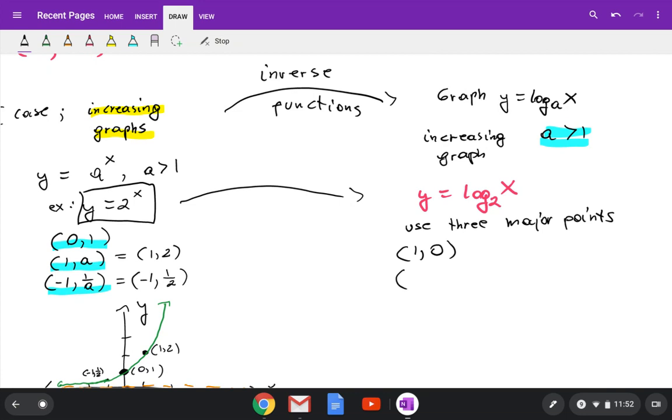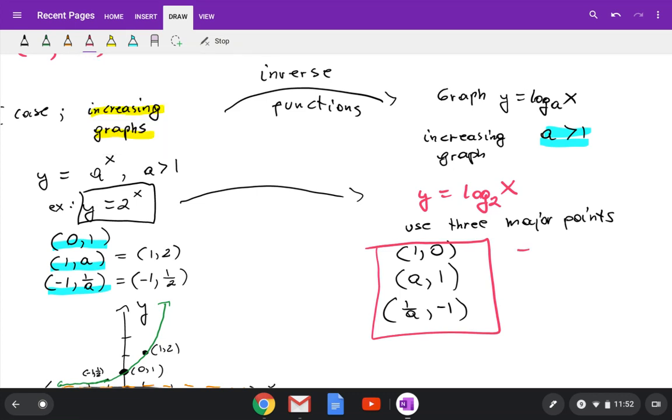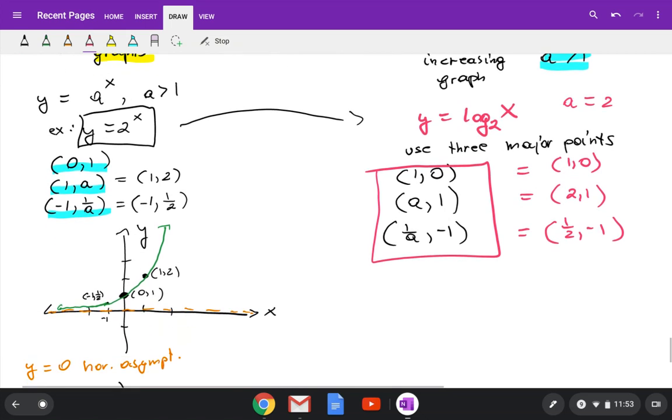You're graphing logarithmic functions with (a, 1), and with (1 over a, negative 1). So you're always graphing logarithmic functions with those three major points. In our case, we're going to have (1, 0). Again, a in our case is equal to 2, so the second point will be (2, 1), and the third point will be 1 over a, which is (1/2, negative 1). So I switch x with y.